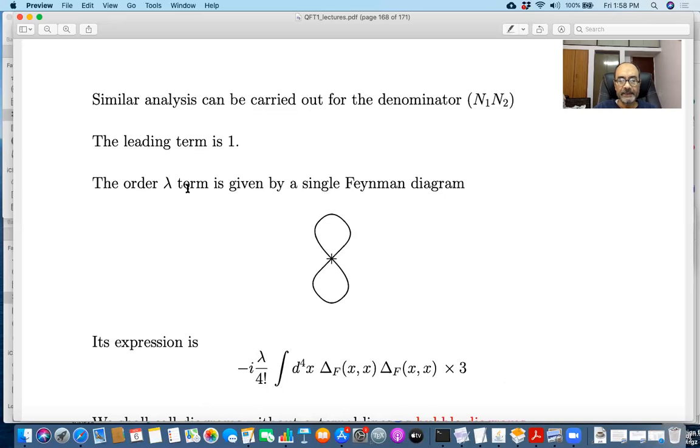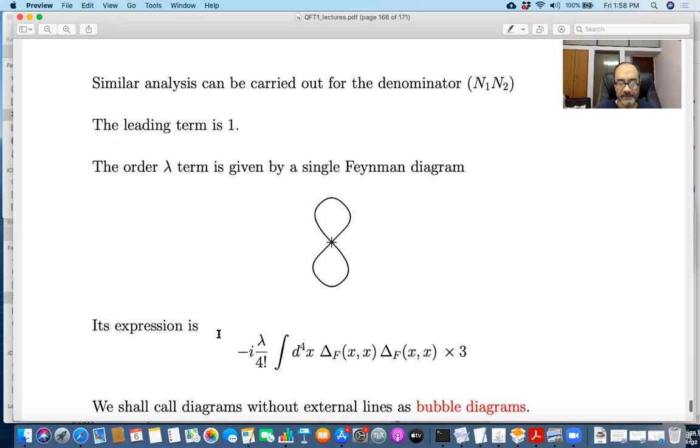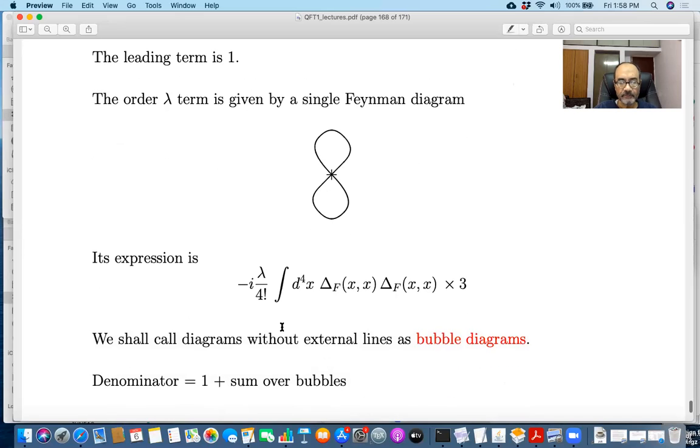So to order lambda, the denominator will be given by 1 minus this, or 1 plus this with a minus sign. These diagrams we'll typically call bubble diagrams. These have no external lines, and the denominator we say is 1 plus the sum over bubbles.